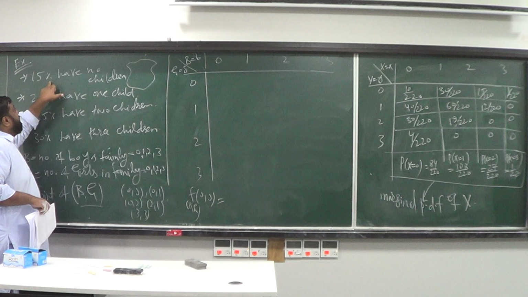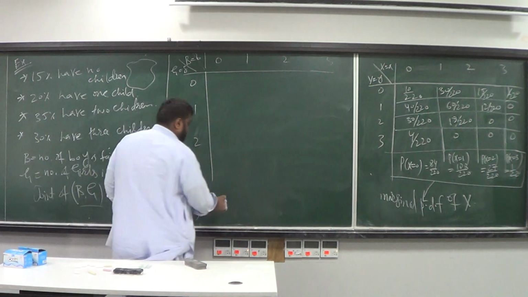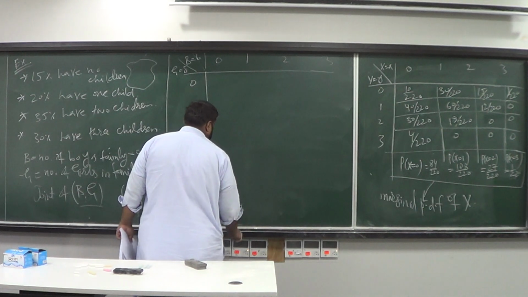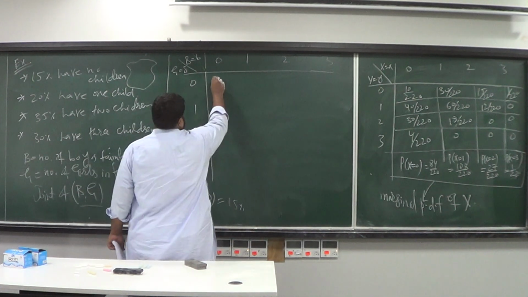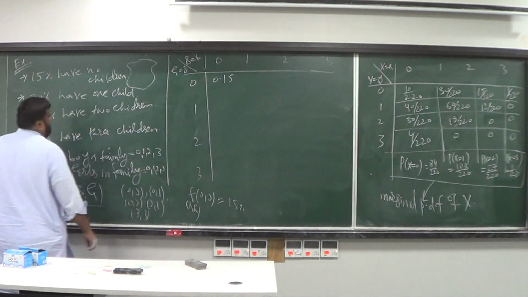You can extract this information from here. So it's 15%, which is 0.15.